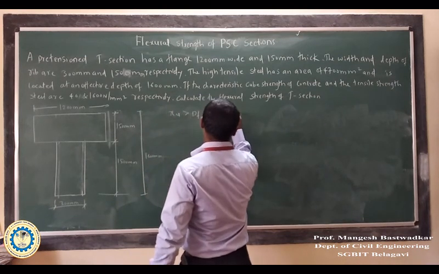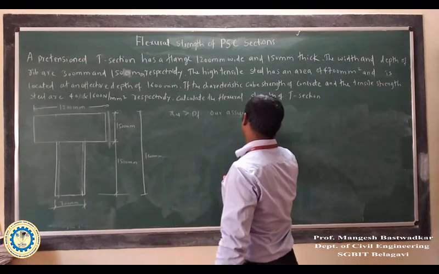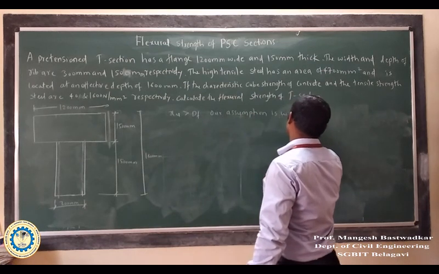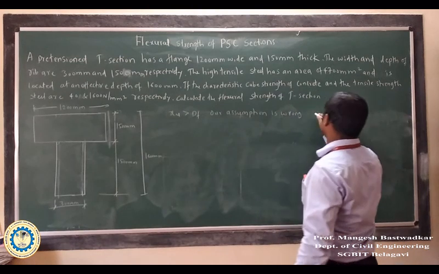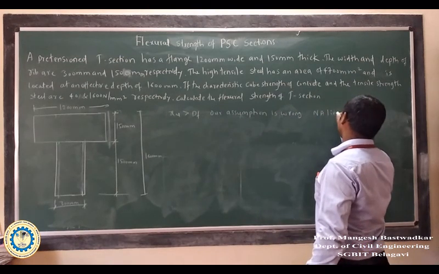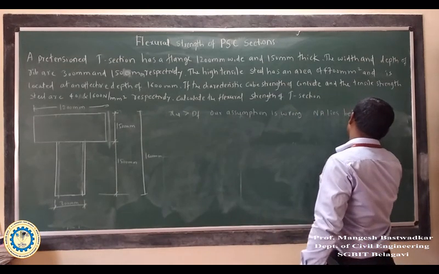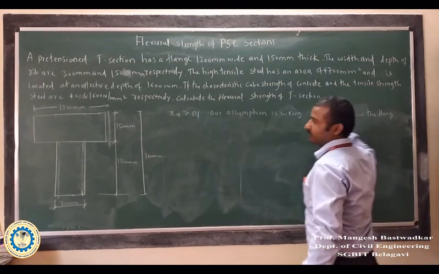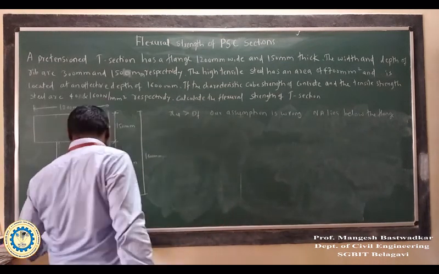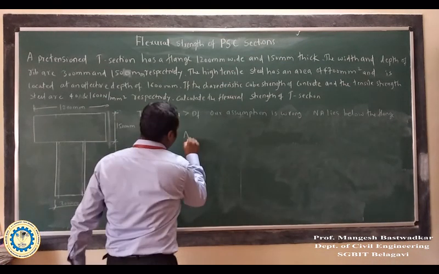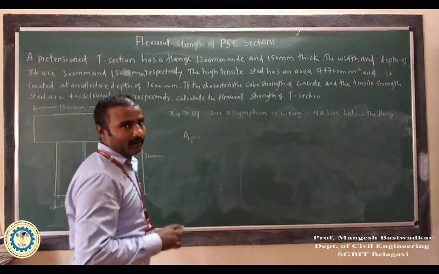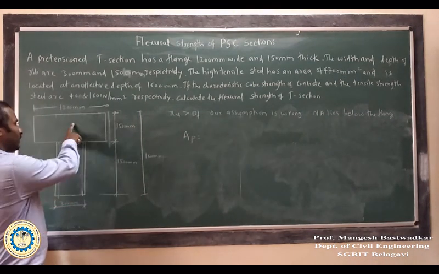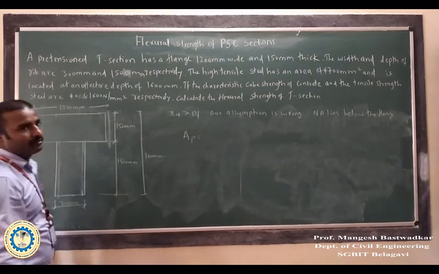Our assumption is wrong. Neutral axis lies below the flange. Now we will distribute the area of pre-stressing steel, 4700, in the web portion as well as in the flange portion.